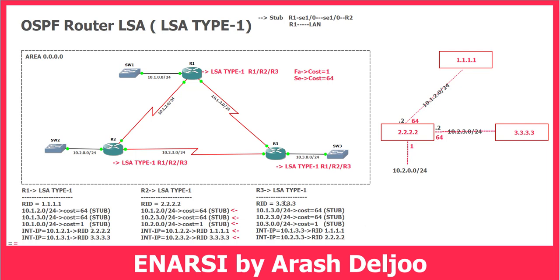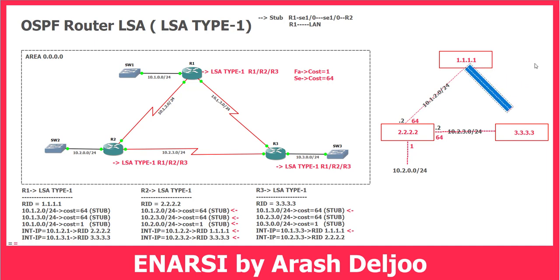Let me talk about the LSA received from router 3. From router 3 we have this information. I am connected to 10.1.30.0/24 with the cost of 64, and with 10.1.30.3 I am connected to router 1. Actually, we can easily understand that from router 1 we have a link to router 3. Why?